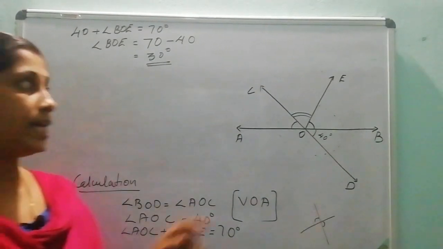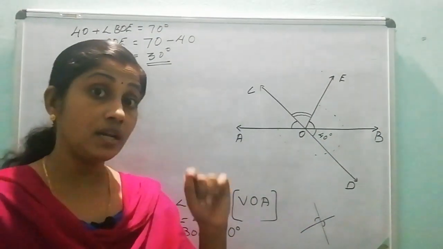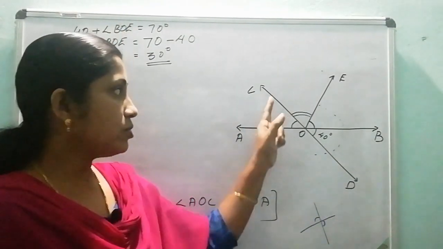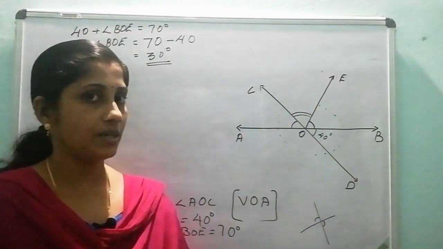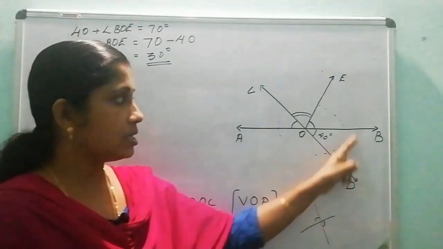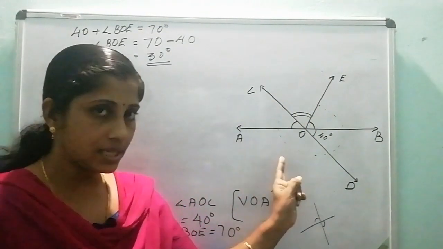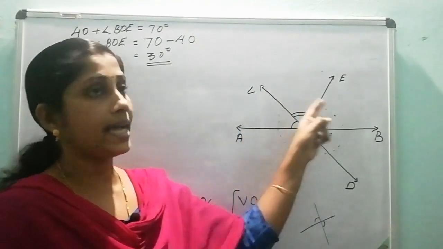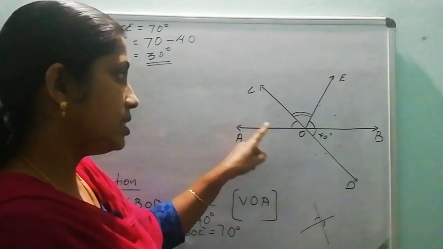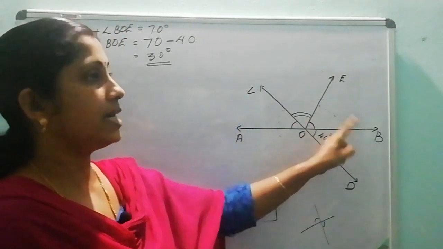Then we have to find reflex angle COE. To find reflex angle COE, first you have to find angle COE. Reflex angle COE is this much angle, that is total 360 minus angle COE. Look here, we got angle AOC and angle BOE.